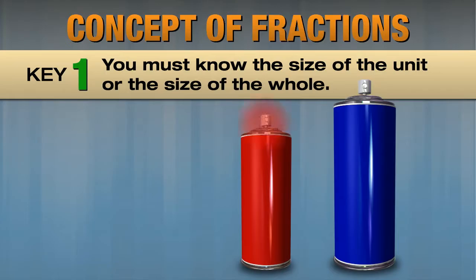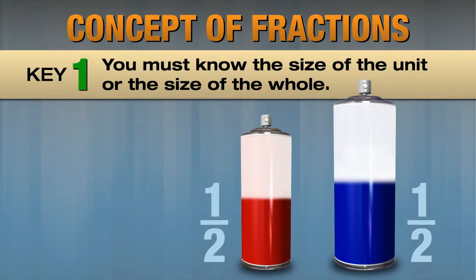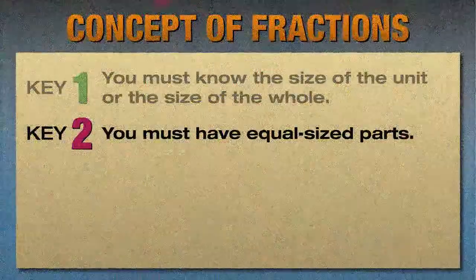If he used 1/2 can of the red paint and 1/2 can of the blue paint, does it mean he used the same amount of each color? All you have to do is compare the size of the cans. They're different. And as with the walls, 1/2 of this can does not equal 1/2 of this can, because the units are different sizes.